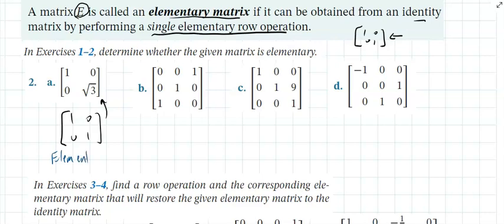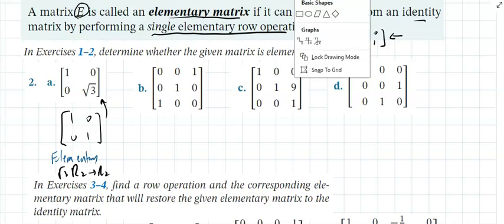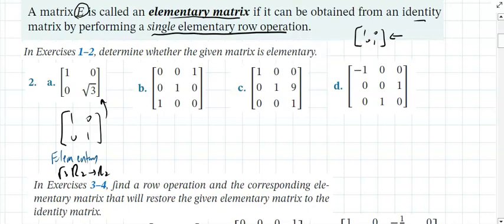Yeah, it is. And multiply row here. We could write it this way: radical 3 times row 2 and put it in row 2. There you go. So a single operation, that's it. Just multiply by a number, that's 1. How about B?